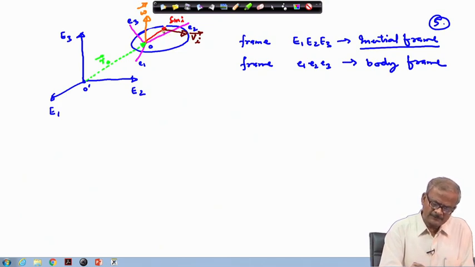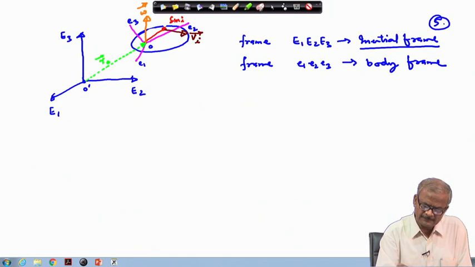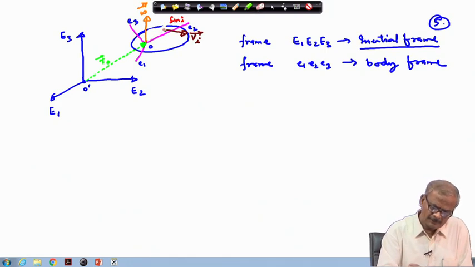And the radius vector of this point. So, a little bit of change I will make here. Let us say this point is lying somewhere else.